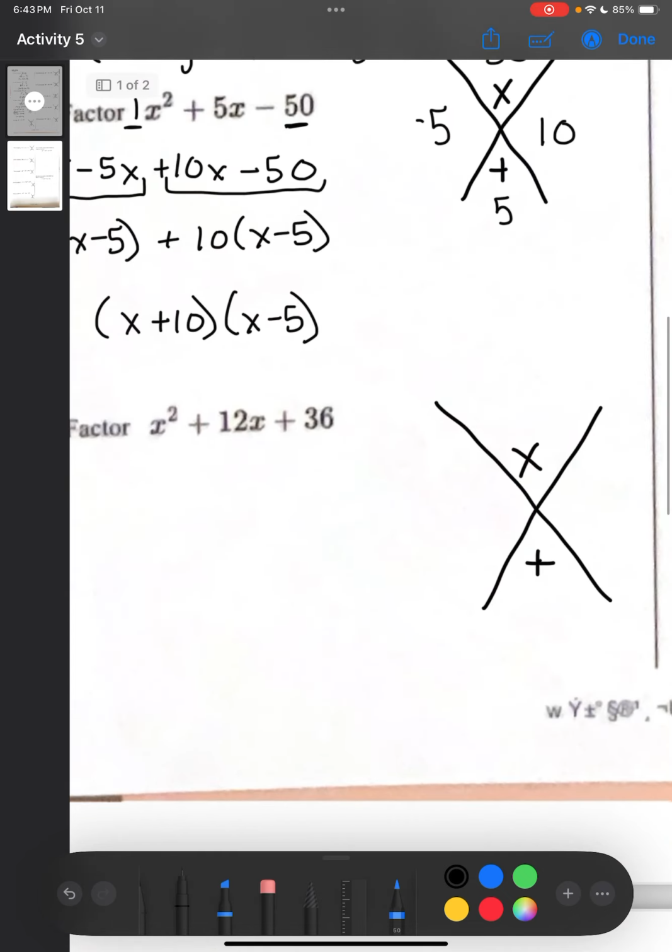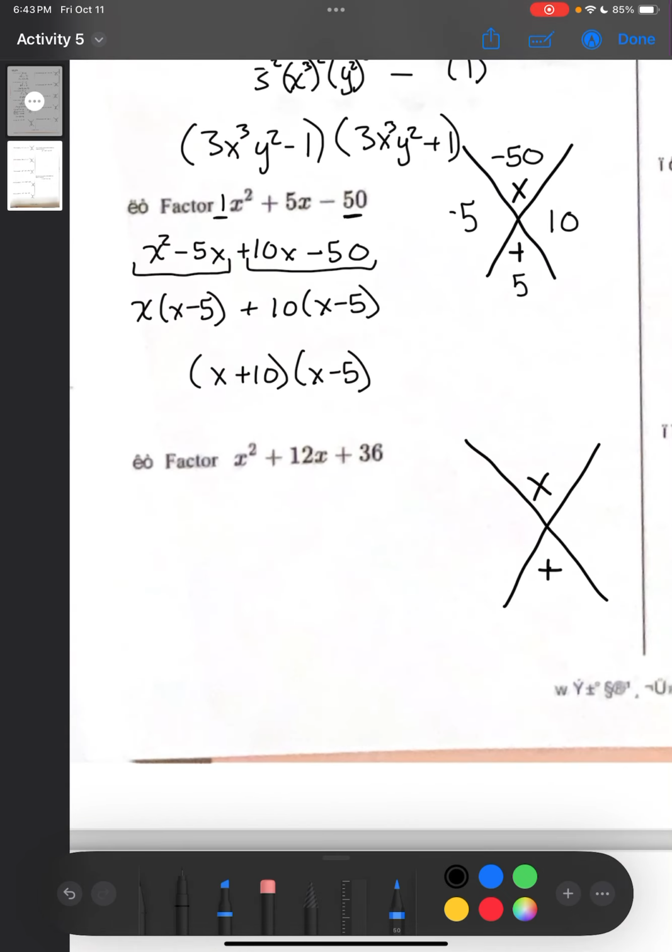Alright, we're going to finish this video with this last factoring. Again, the 1 times 36, 36, and 12, which when you work that out, you should get 6 and 6. And with that, we'd get x squared plus 6x plus 6x plus 36.